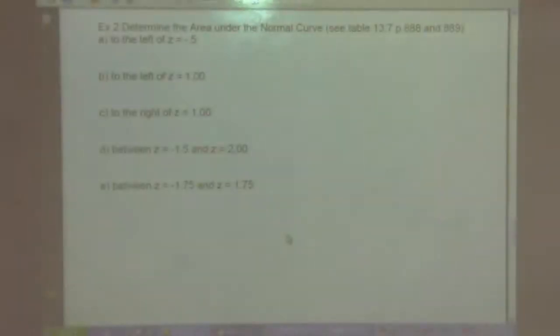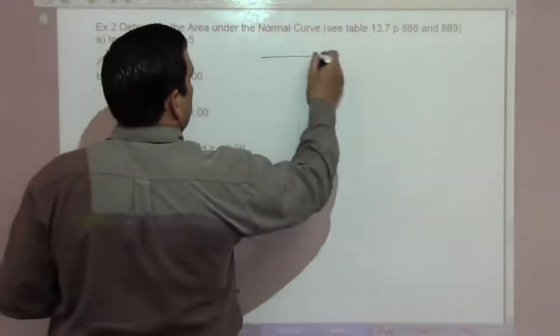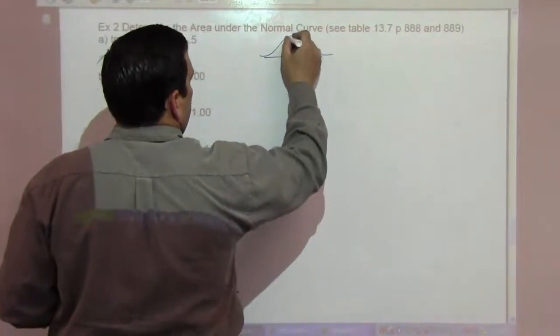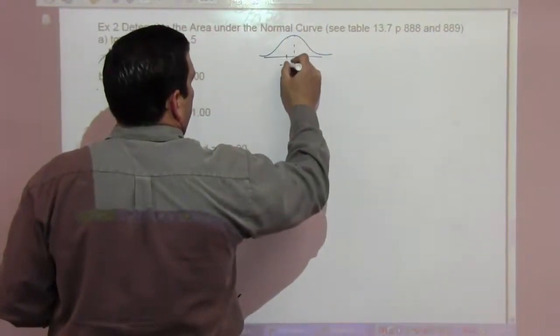So in our first example, example 2, part A, it says determine the area under the normal curve to the left of z equals -0.5. So what we're talking about is on a curve, here's 0, here's -0.5.